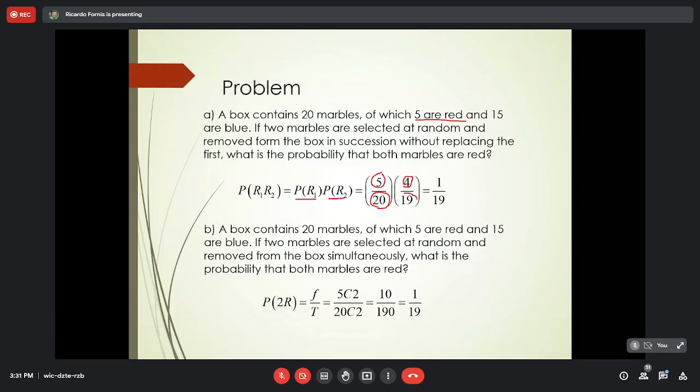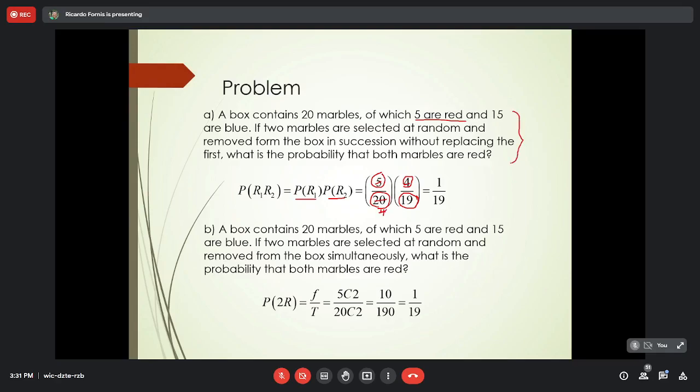And in total, because you don't replace the first marble, therefore there are 19 marbles left. So in this case, 5 over 20 multiplied by 4 over 19. The result is 1 over 19, because you can just make that 4, and then 4 and 4 will cancel.